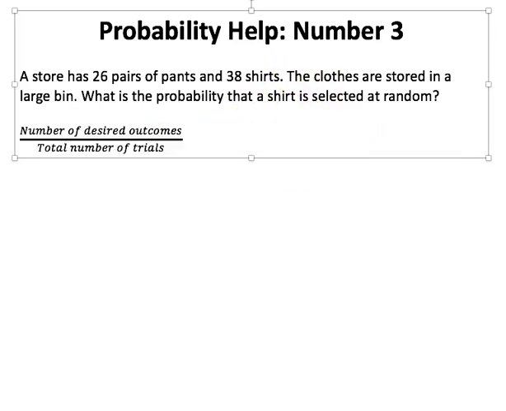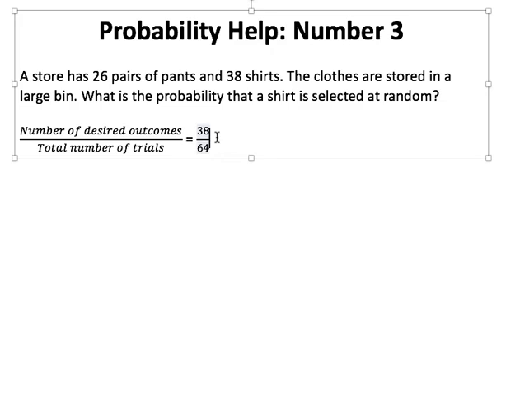So for instance, I'm looking for my number of shirts. So I'm going to put my number of shirts, which is 38, divided by how many items I have total. So 38 plus 26. So 8 plus 6 is 14, carry the 1, 3 plus 3 is 6, so over 64.